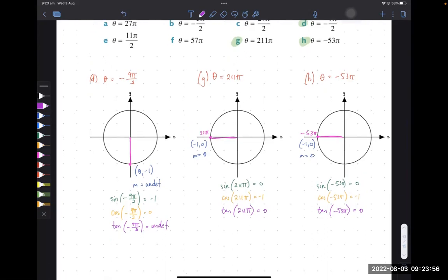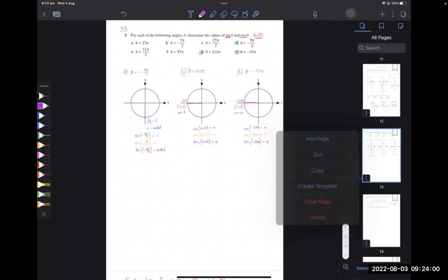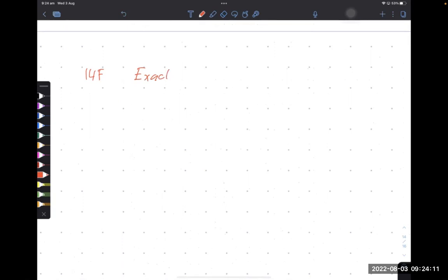So on your page, 14F, exact values in the unit circle. This is our title.